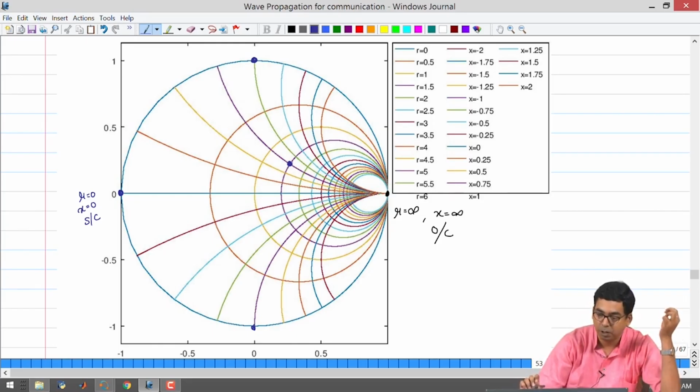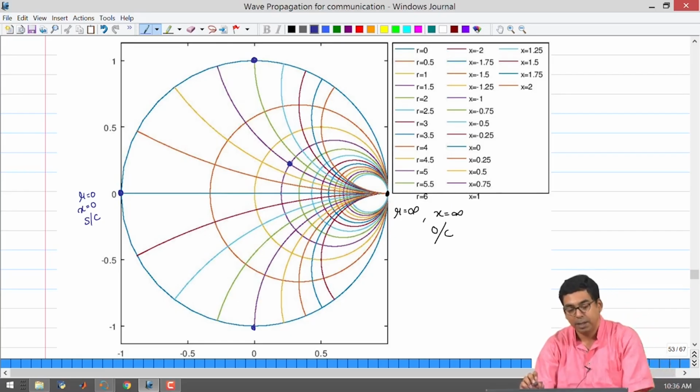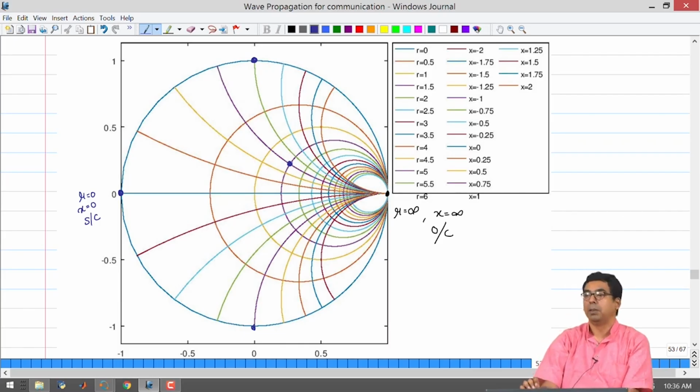This is going to be your load impedance marked on the Smith chart, and what that point tells you is the location of gamma in the complex gamma plane. So, if I want to calculate the reflection coefficient for an arbitrary load impedance, I can just take the center of this circle and calculate the Euclidean distance from here to there.